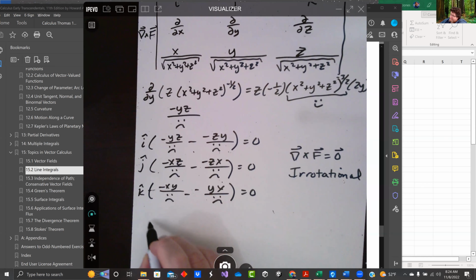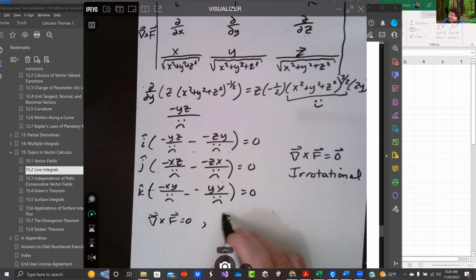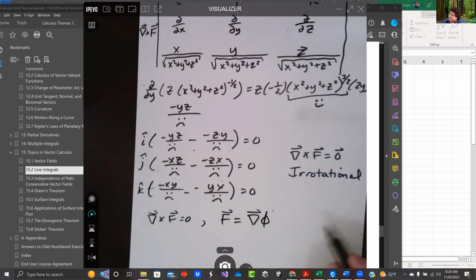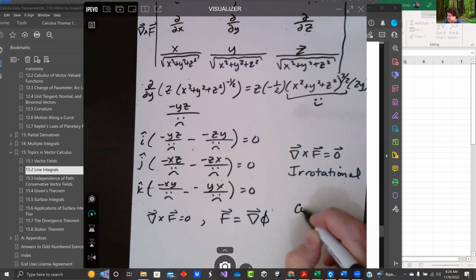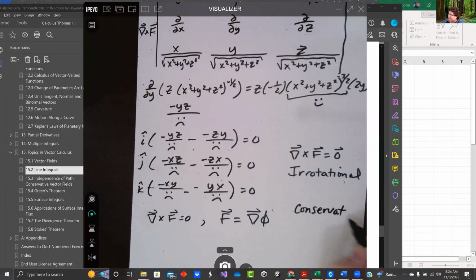When the curl of f equals 0, f is the gradient of some potential function. And we're going to have f is a conservative vector field. If we can write f as a gradient of a function like that, we will have a conservative vector field.